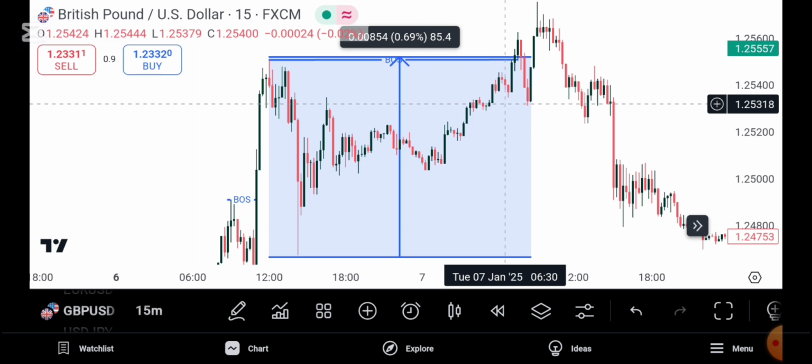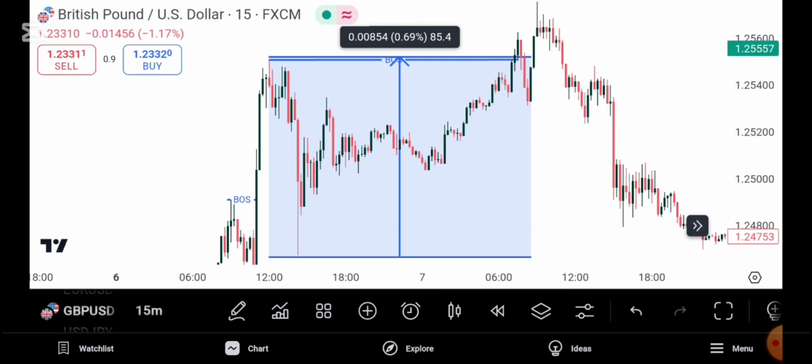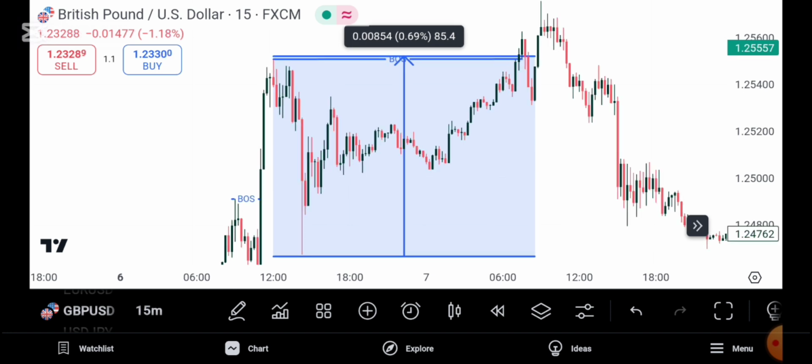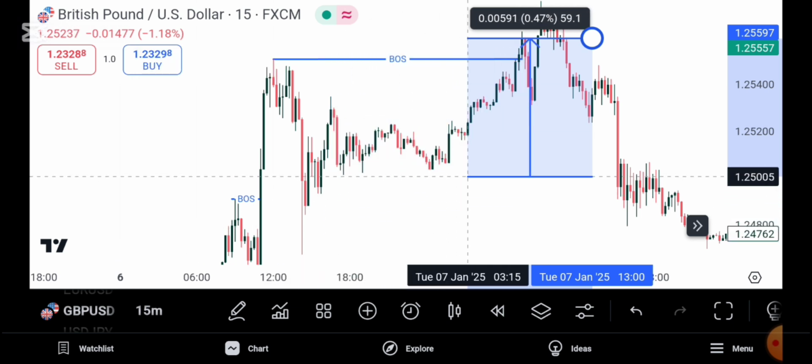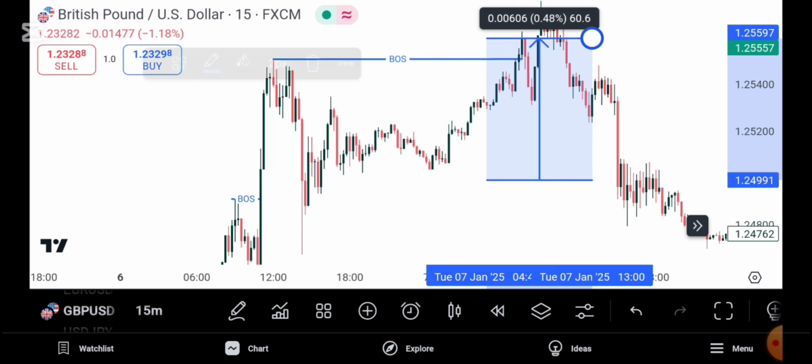And after that break of structure, the market started to retrace. Now focus would shift from this zone.